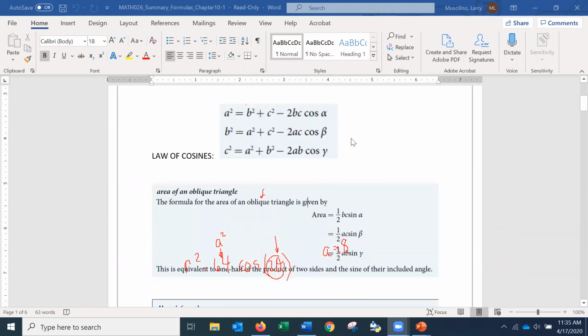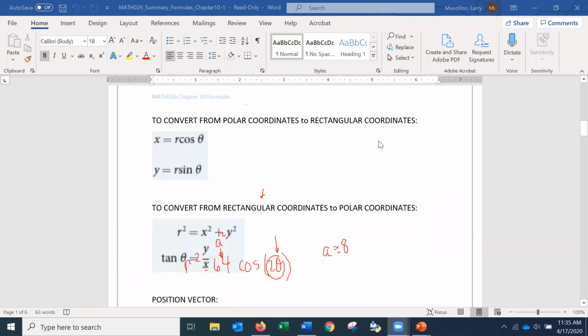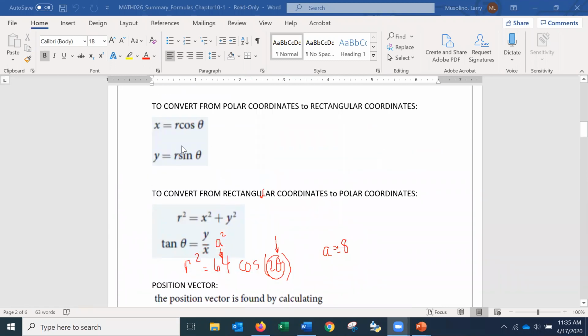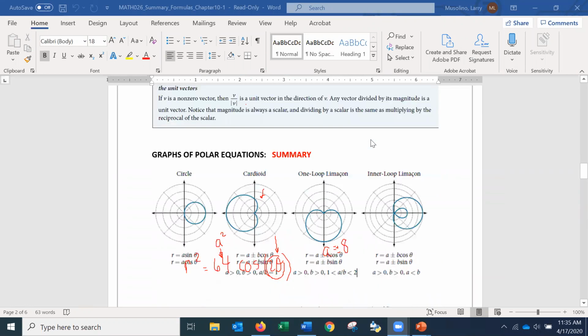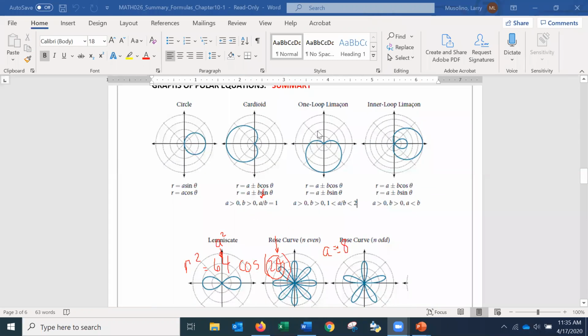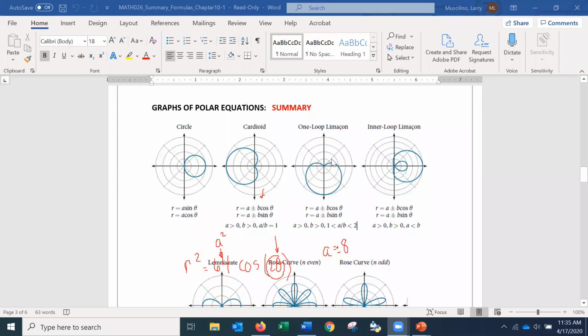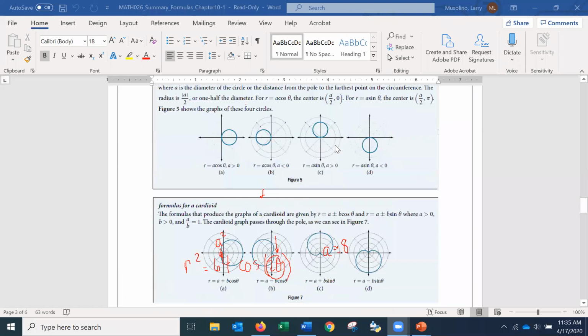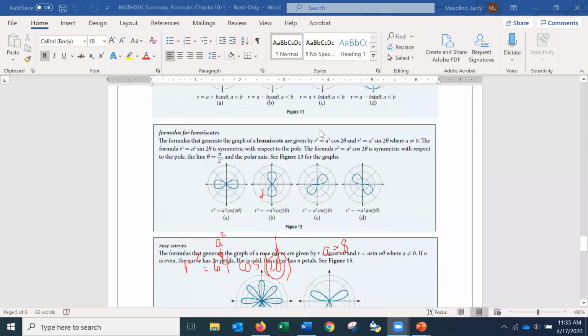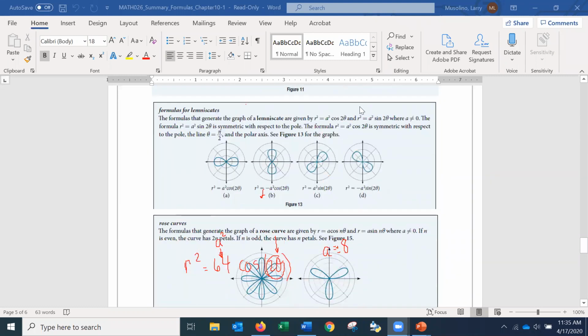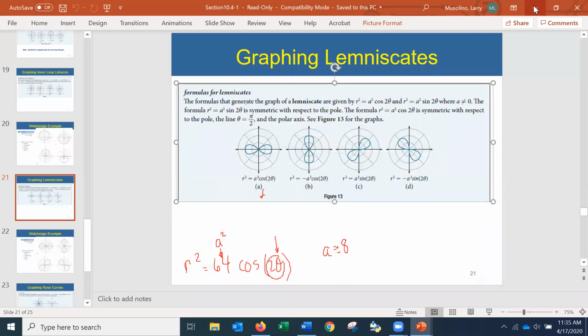Law of cosines. Here's how to convert from polar to rectangular. And then here are the graphs that we're talking about, and all the details extracted from the slides, okay? So you don't have to memorize any of these graphs. You have them available here on the Chapter 10 summary.